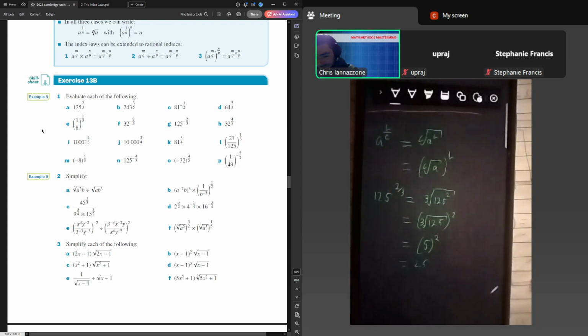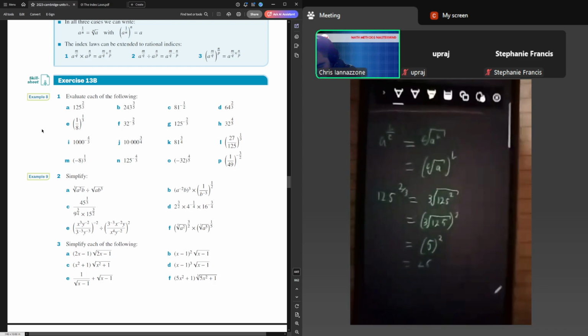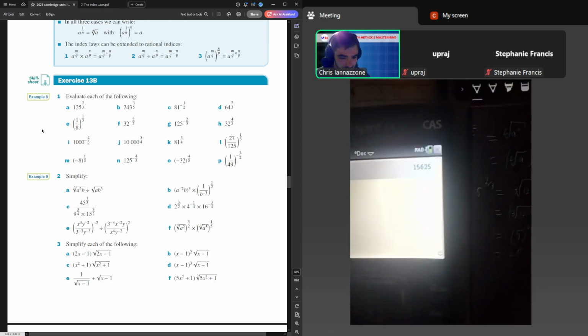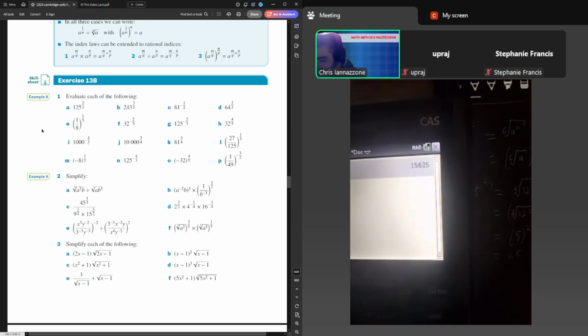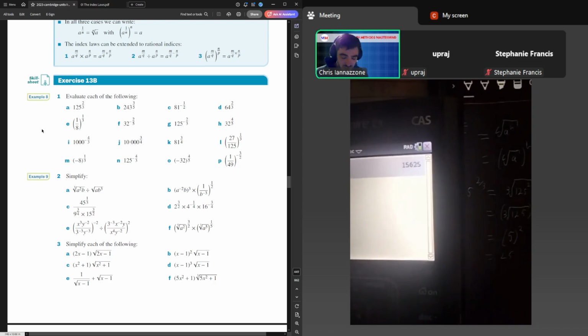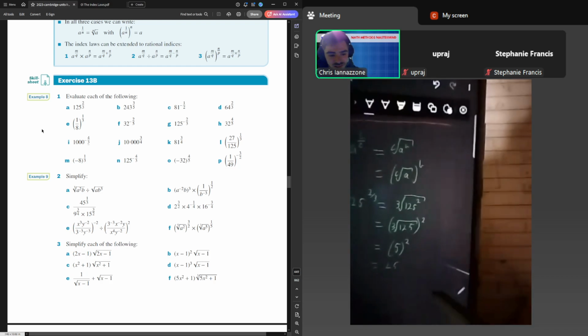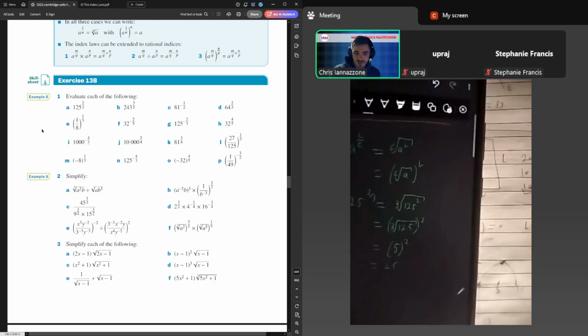In fact, just out of curiosity, let's find out what 125 squared is. Yeah, there you go. 15,625. So good luck trying to cube root that. You can do it, obviously, through guess and check, but guess and checking numbers up to 25, probably not going to work out too well.